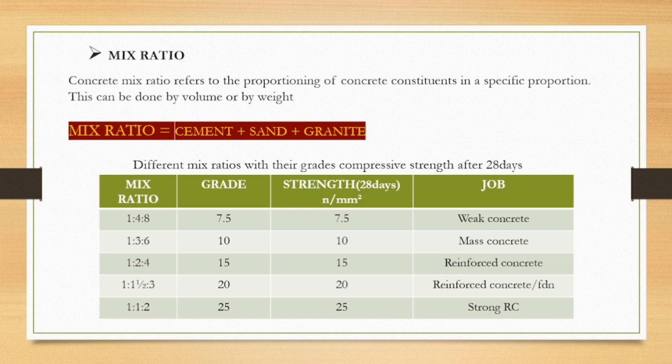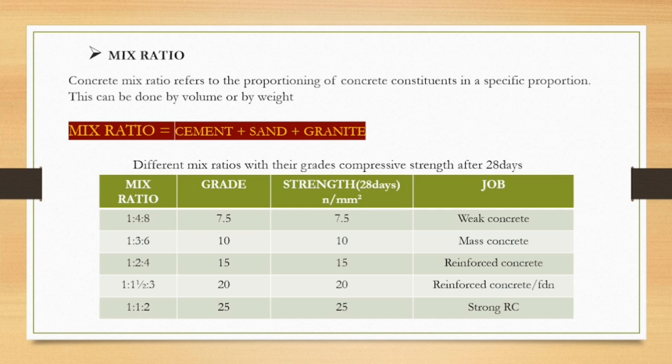So I have it as a note here that concrete mix ratio refers to the proportioning of concrete constituents in a specific proportion. This can be done by volume or by weight. So when you proportion them in a specific proportion or in a specific ratio, that is what we mean by mix ratio in concrete.